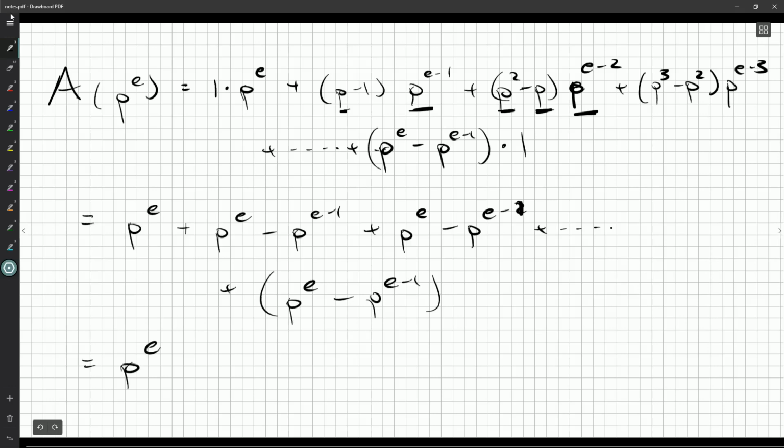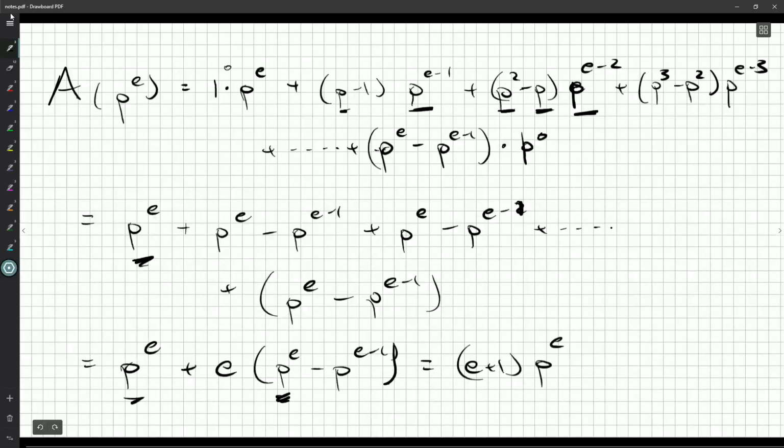So this is going to be a single p to the e, and then p to the 0, 1, 2, 3, all the way up to e minus 1. How many numbers between 0 and e minus 1 inclusive? e of them. So there's e p to the e's coming from here and 1 from here. e plus 1 p to the e, minus e p to the e minus 1.